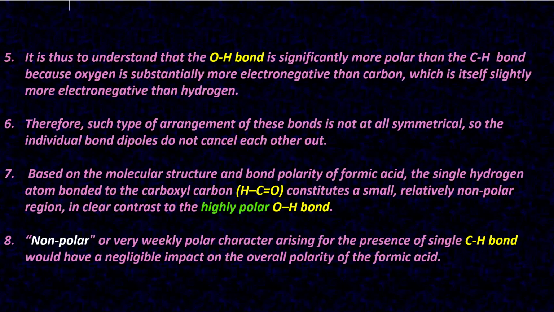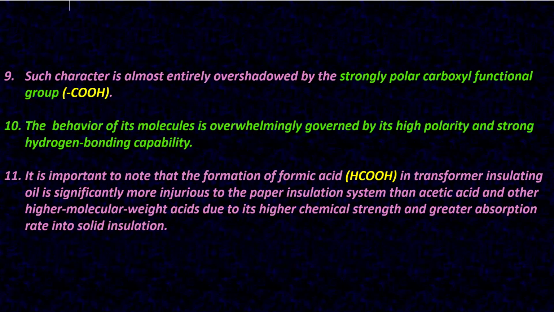This nonpolar or very weakly polar character, arising from the presence of the single CH bond, has a negligible impact on the overall polarity of formic acid. Number nine, such character is almost entirely overshadowed by the strongly polar carboxyl functional group.